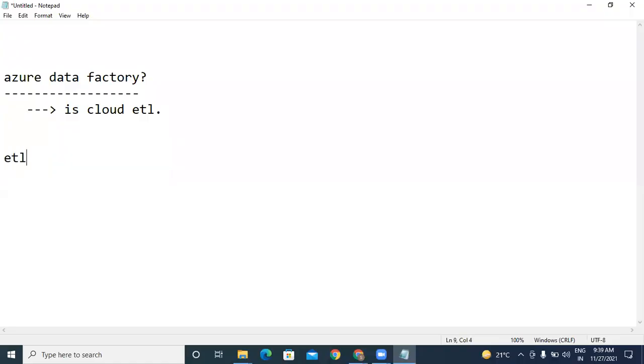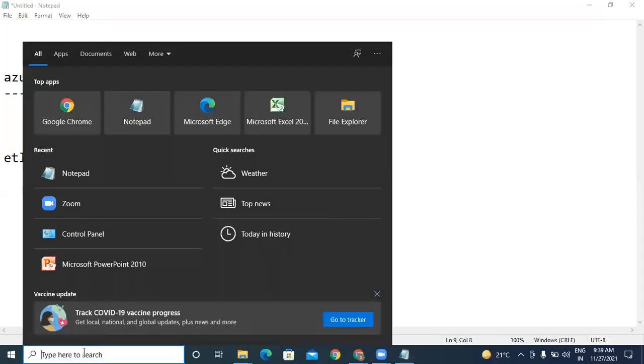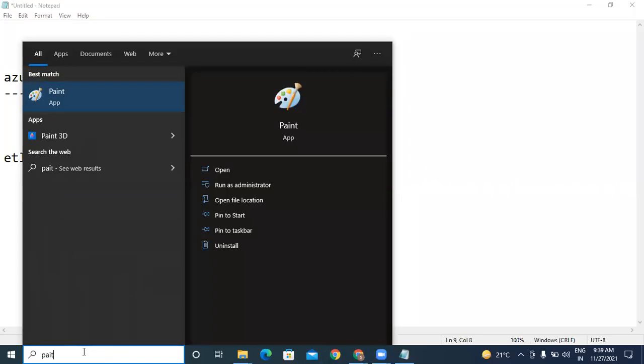When you talk about ETL, there are already a lot of tools in the market. But before proceeding with them, we should first get clarity on the importance of ETL tools, and why industry should use these kinds of tools.